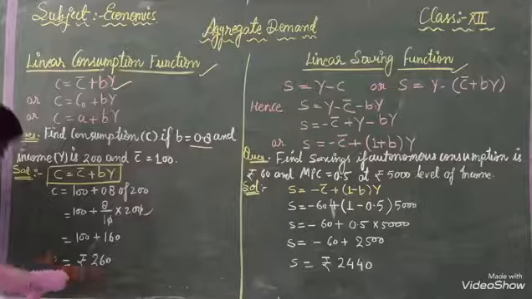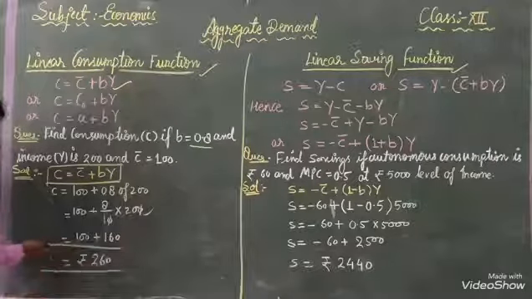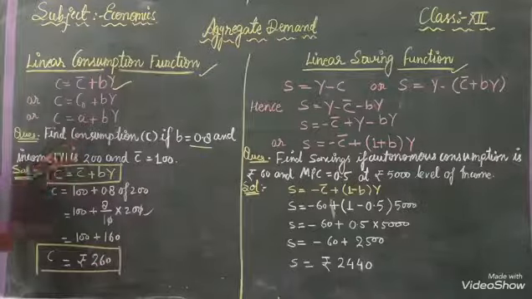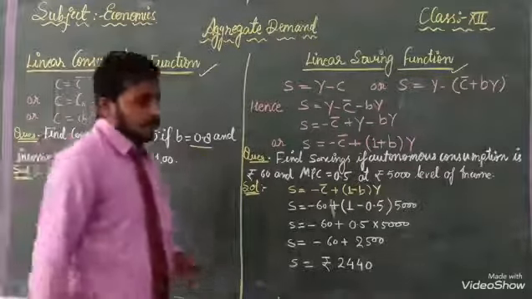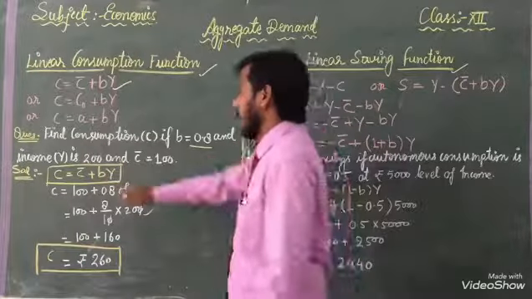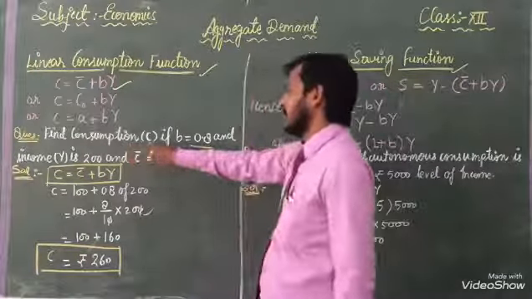C equals 260. According to our question, our consumption is 260 rupees. Listen once again: find consumption.